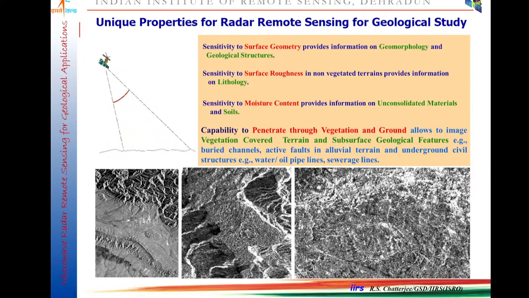And there is another very important advantage: longer wavelength microwave radar can penetrate vegetation, that means forest, and it can also penetrate ground. Because of that, in a forested area, if you use a longer wavelength radar, you can get the image of the terrain, the image of the earth surface.